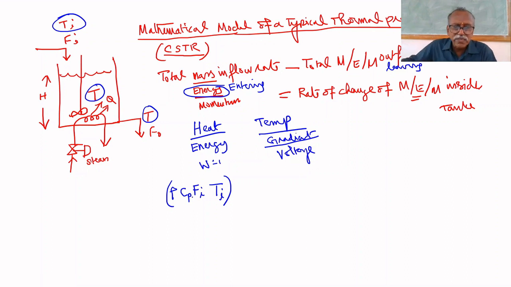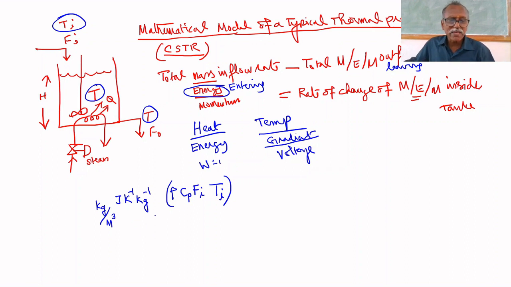So what is its unit? Rho is in kg per meter cube. Cp is so many joules per Kelvin per kg.